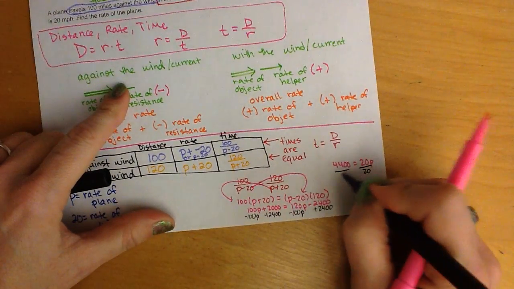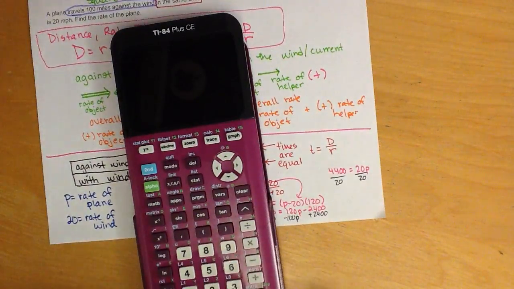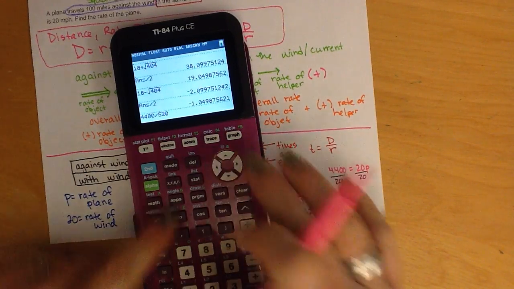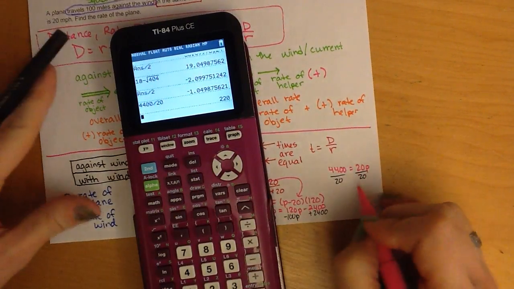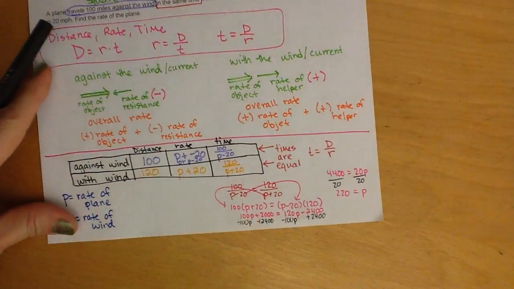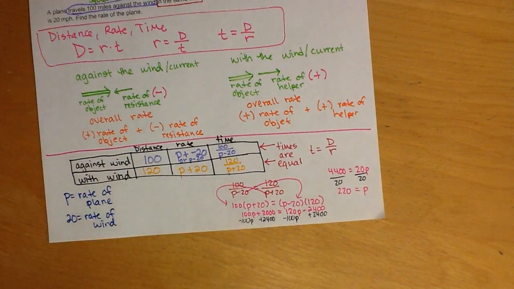Divide by 20. 4,400 divided by 20 is 220. So P equals 220. And that is the rate of my plane.